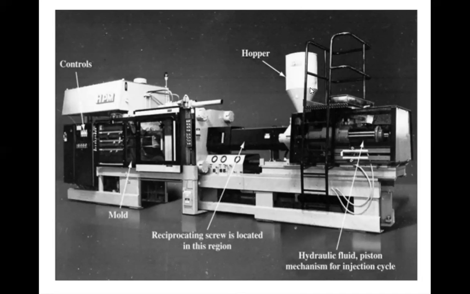The solid or powdered plastic material is passed into this region, and from there to the heating chamber, then into the mold where it takes the shape of the mold and after that it can be taken out. So this is about injection molding.